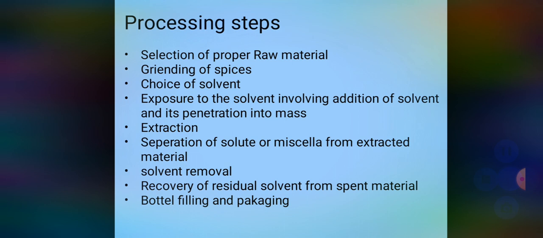That's why this solvent present in the micella or our solute is recovered by evaporation, and the final product is the oleoresin. So when we extract, at the bottom flask we are going to collect the oleoresin as well as the solvent. For recovery of the oleoresin, the solvent is firstly evaporated and then condensed. So whatever condensed solvent is there, we can again use it for the extraction of the next batch.